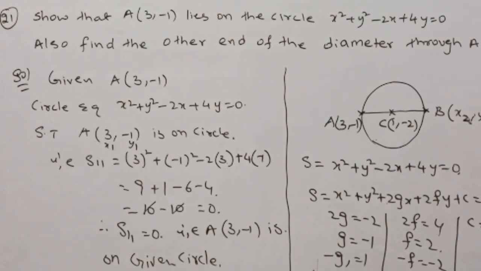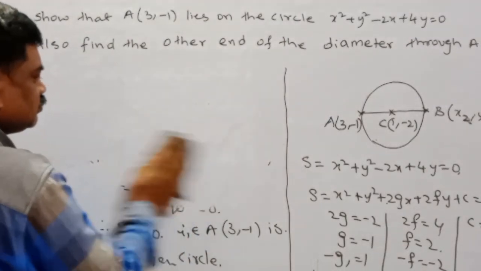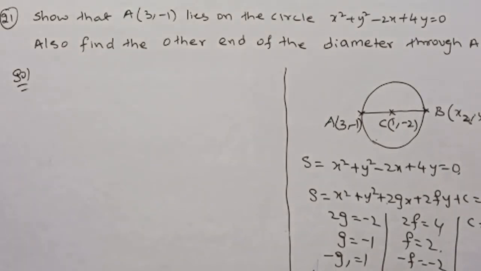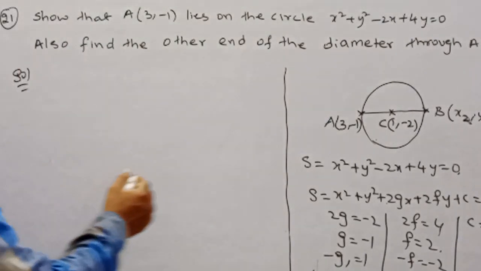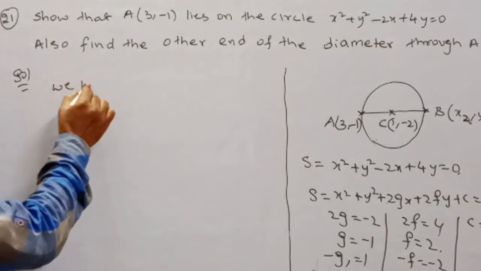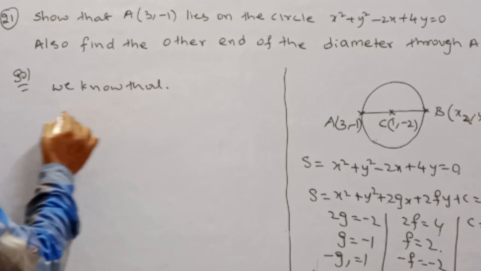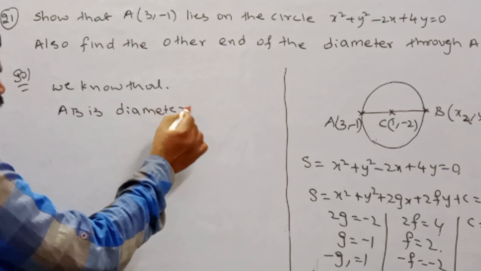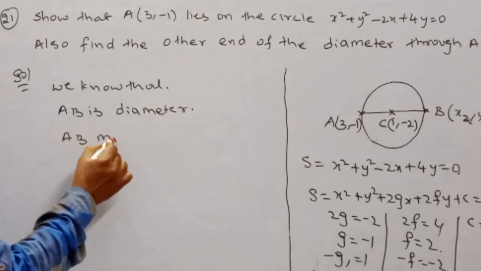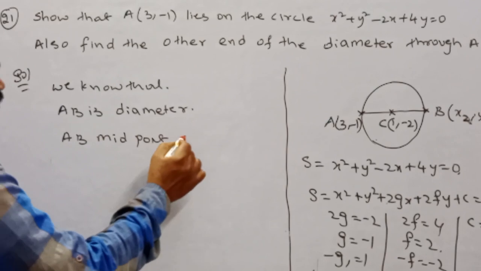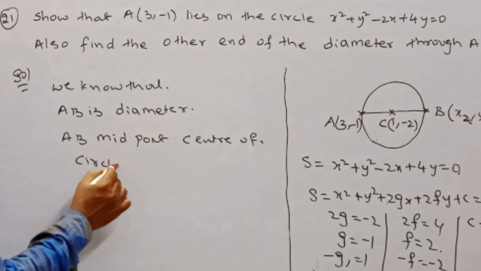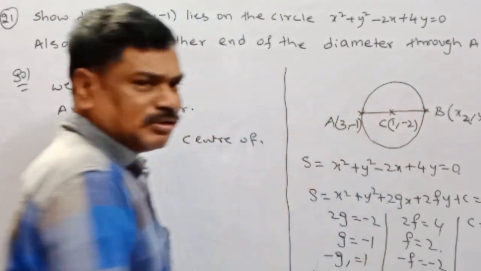So here we have the center of the circle C and the midpoint of AB. We know that AB is the diameter, so the midpoint of AB is the center of the circle.